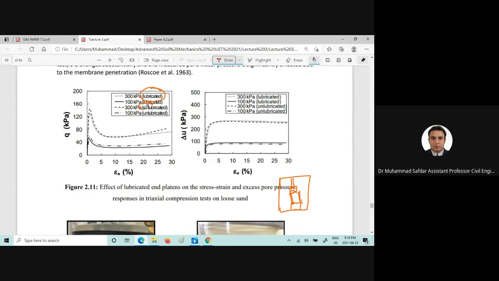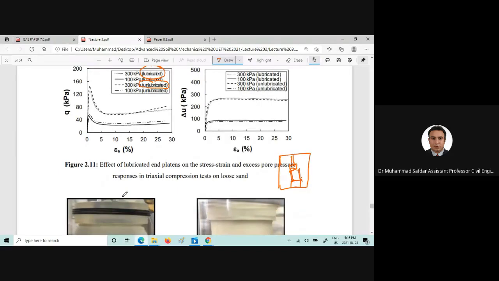You can also choose not to lubricate those top and bottom caps or pedestals. They found there are a few slight differences which you can observe, but that's from the research point of view.